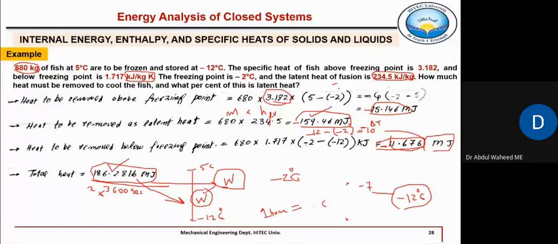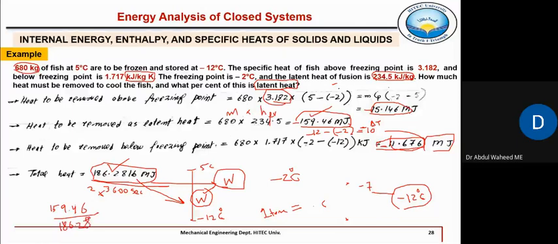The second part of this question is: what percent of this total heat is latent heat? The latent part of this total heat is this one. So the latent part is 159.46 divided by the total heat, 186.28.